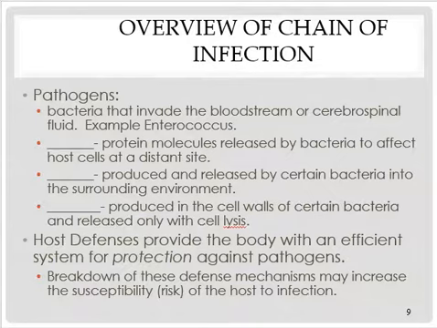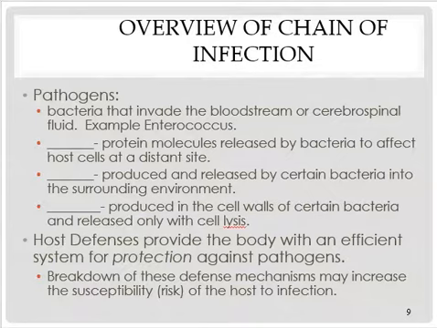A toxin is a protein molecule released by bacteria to affect the host cell at a distant site. Exotoxins are produced and released by certain bacteria into the surrounding environment. Endotoxins are produced in the cell walls of certain bacteria and released only with cell lysis.